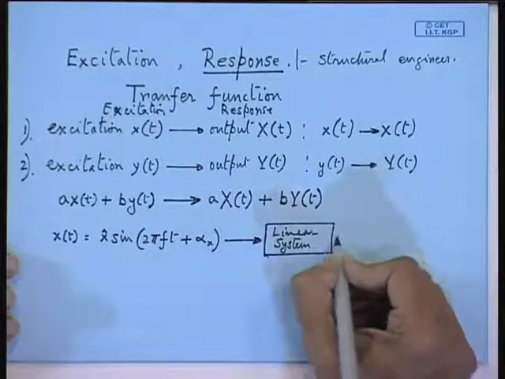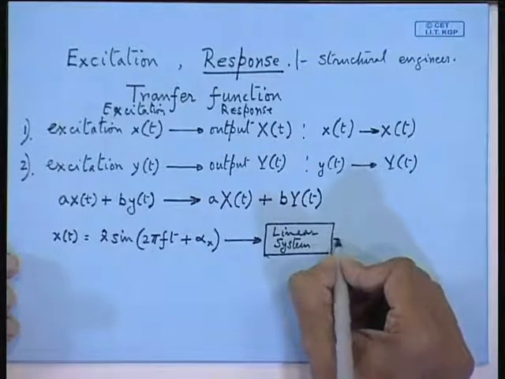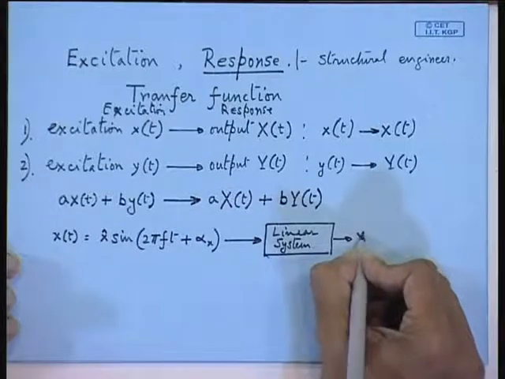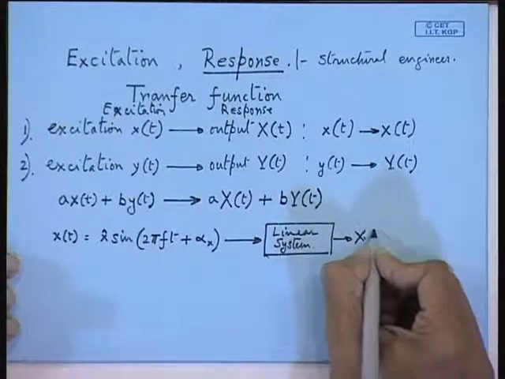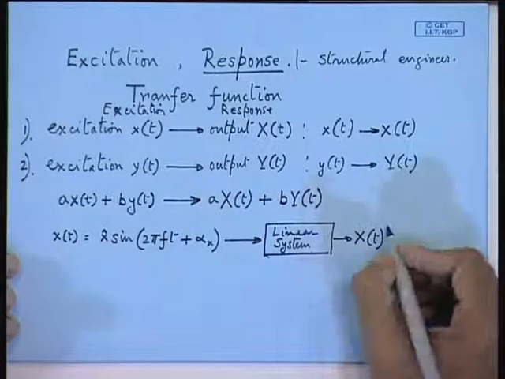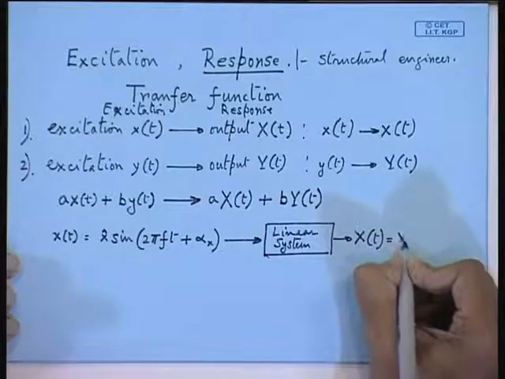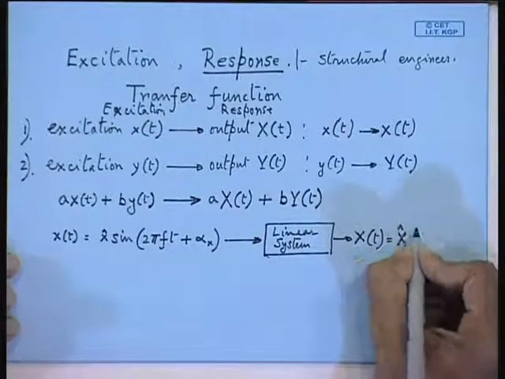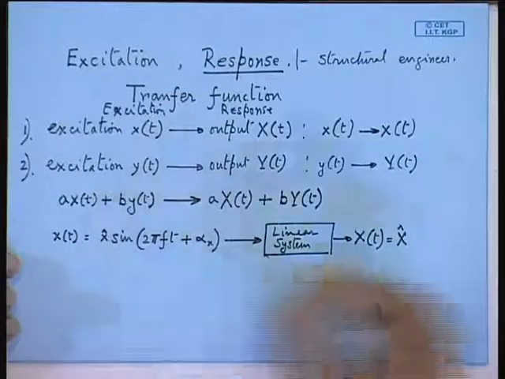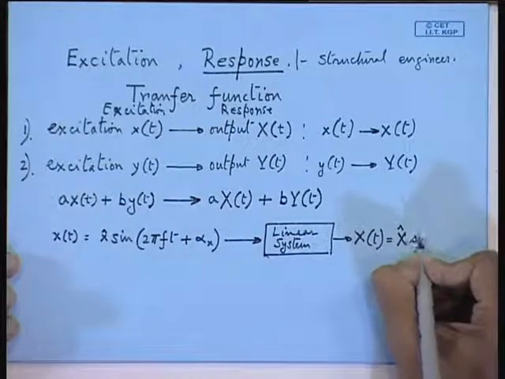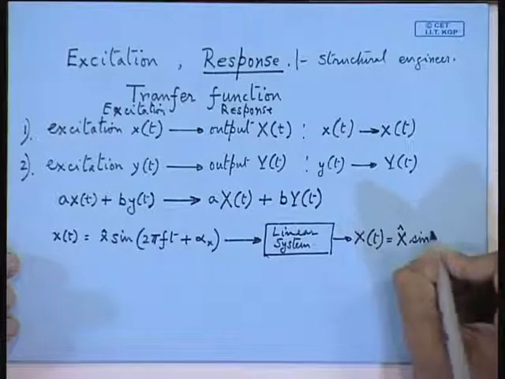Now, this linear system is giving output as capital X of t. Here you write capital X with a cap, and since the input is a sine function, the response will also be a sine function.